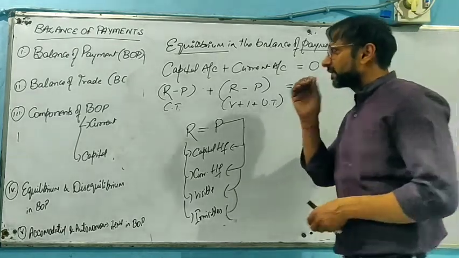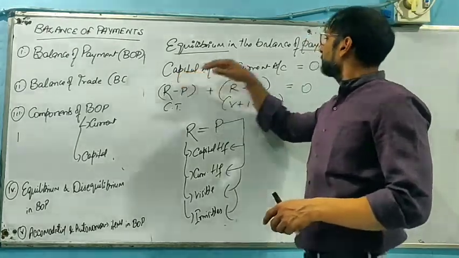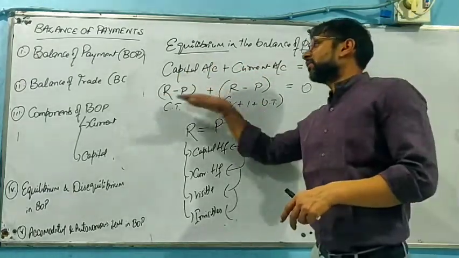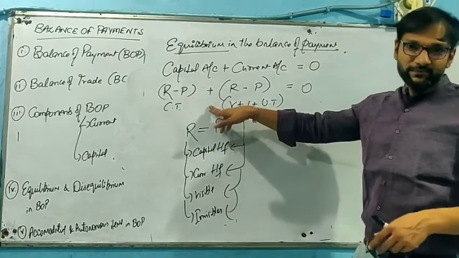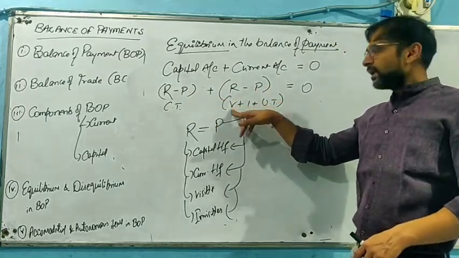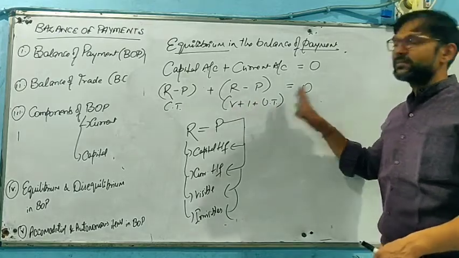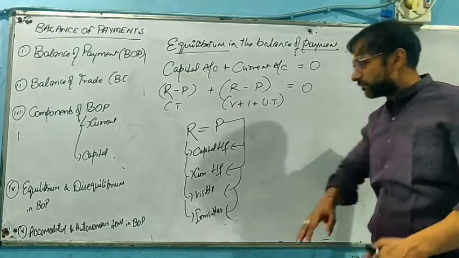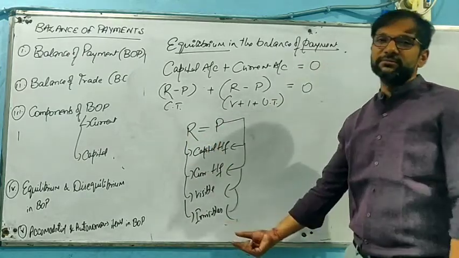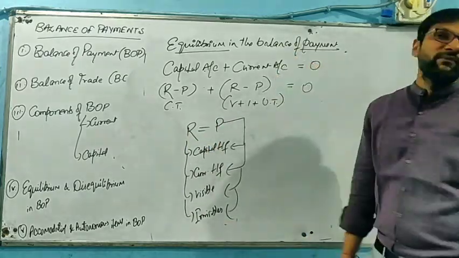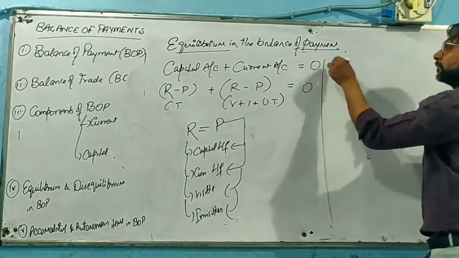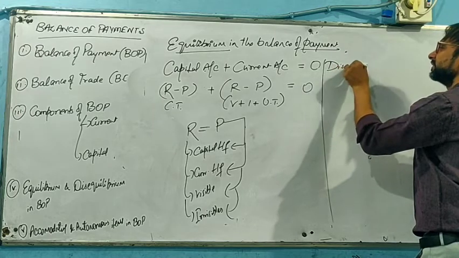That's why we have taken that when the capital account plus current account will be equal to 0, or when receipts and payment of capital transfer will be added with receipts and payment of visible item, invisible item and unilateral transfer will become equal to 0, or in simple, when receipt of all items will be equal to payment of all items, equilibrium will be met. Okay. Now disequilibrium will have the two stages.